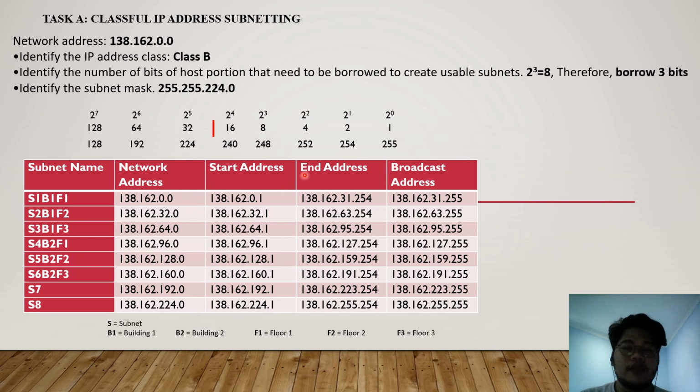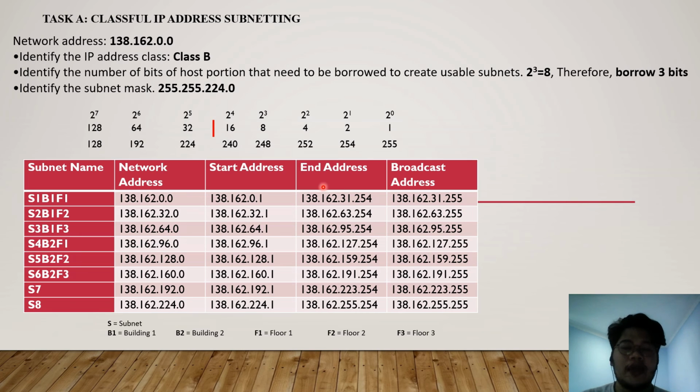For the next network address we just add 32, so it will be 138.162.32.0. For the broadcast address, we just subtract 1 from the third octet of the next network address, and it will be 138.162.31.255.